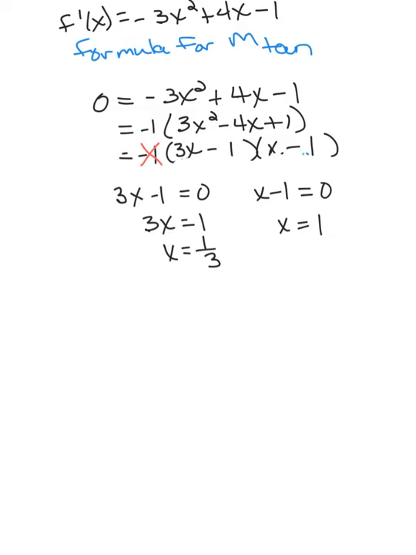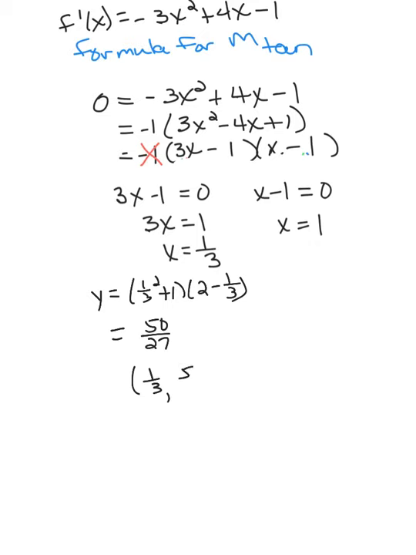So for our problem on the first one, y will equal 1/3 squared plus 1 times 2 minus 1/3. And if you do this calculation, you will get 50 over 27. So the first point is 1/3, 50 over 27.